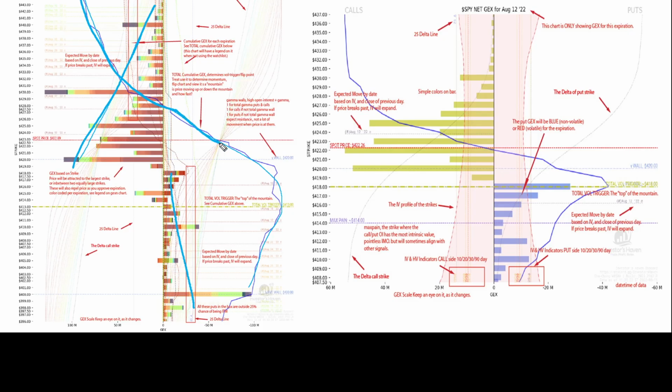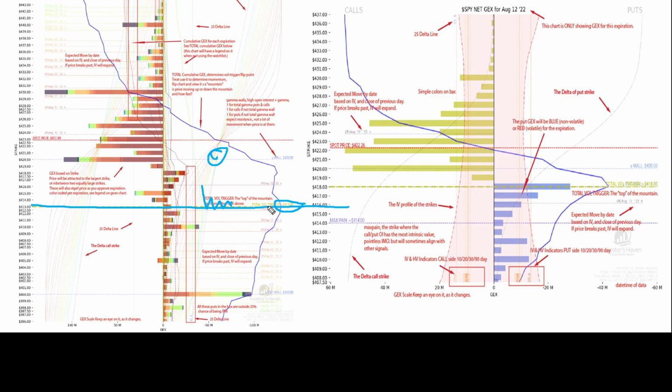You can see this line pointing as a pivot here, and this pivot gives us the line in the sand, where the price can act as support if price is over the volatility trigger. This explanation is also for zero gamma, okay?